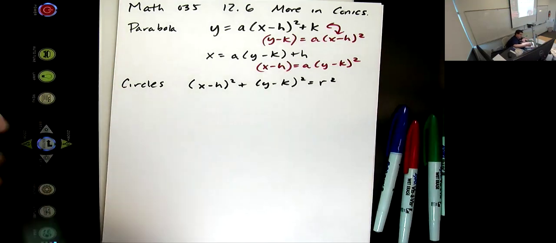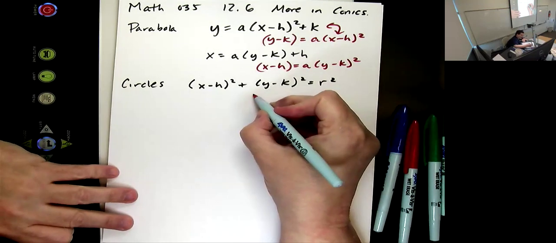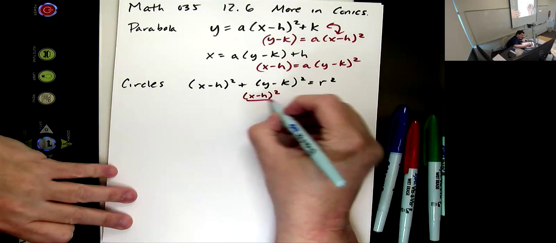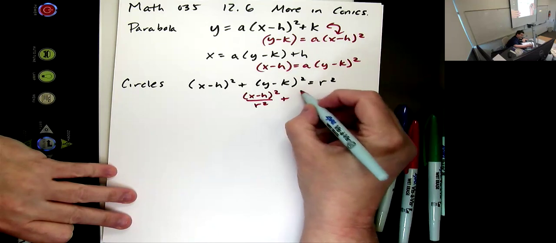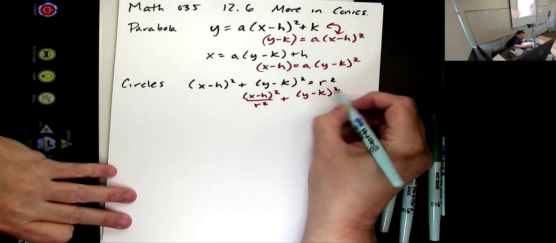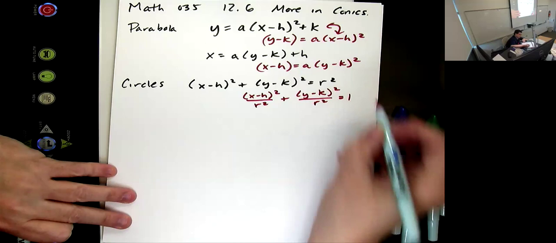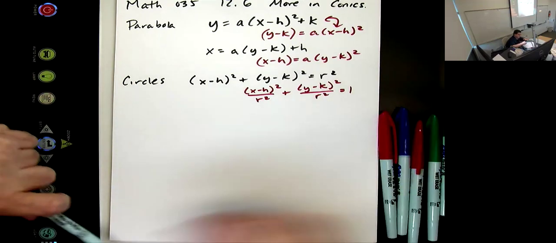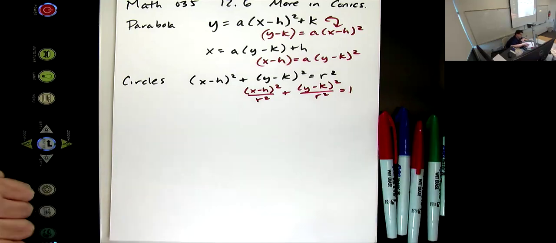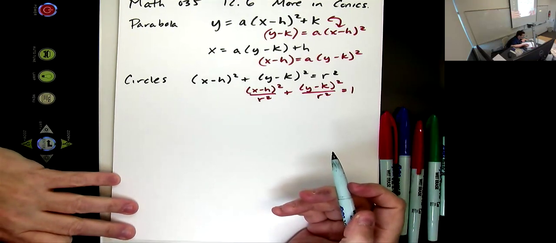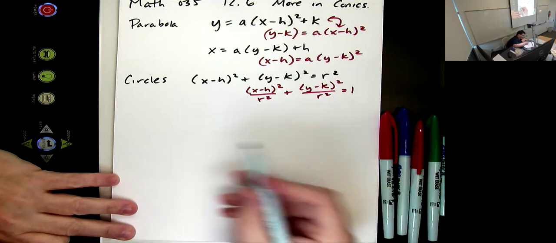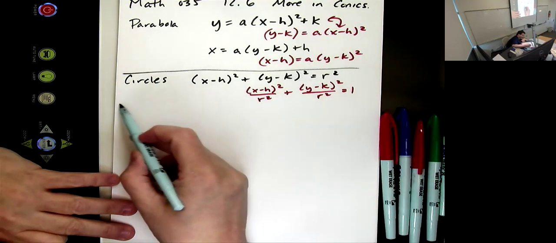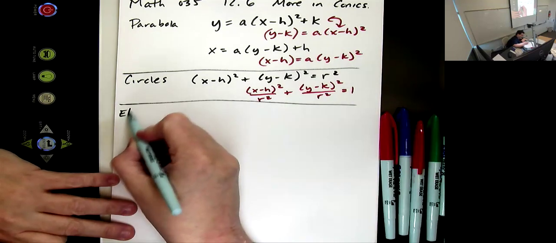And if I wanted to rewrite this, I would divide by r squared here. Ellipses.